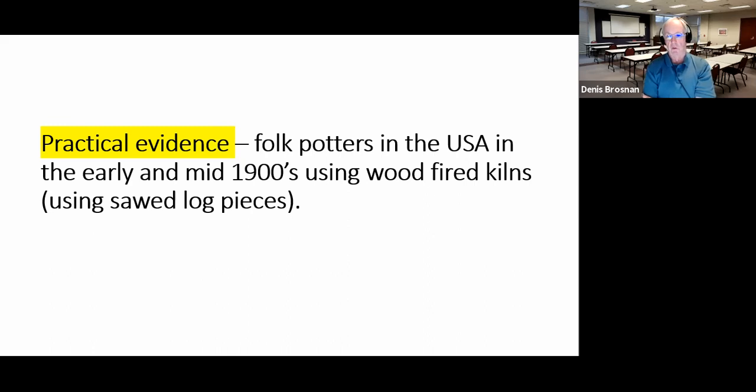The problem was that after the ware had been fired, they had to crawl into these kilns in order to pull out the stuff they'd fired, because the kilns were longer than typically 2 or 3 meters, longer than a human being's body. So they had to crawl in, and so they breathed the wood ash that was entrained in the ware.